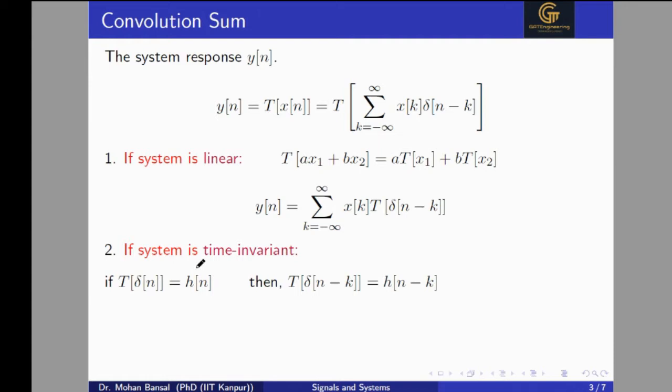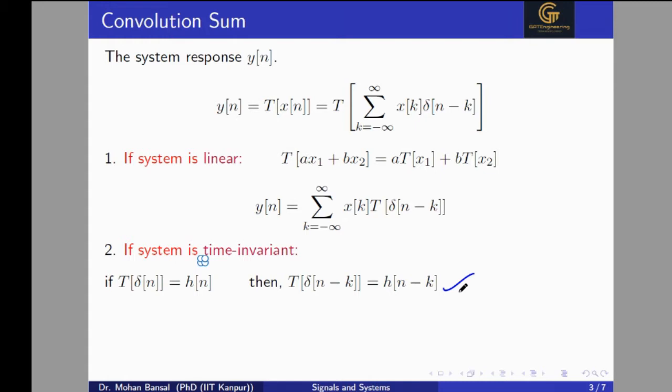Now if we talk about the time invariant property, if T delta[n] is h[n], then when the input signal is the impulse function, we get the impulse response at the output. Similarly, if we use the shifted impulse signal at the input, we get the shifted impulse response at the output. So T delta[n minus k] can be written as h[n minus k], the shifted impulse response for the shifted input signal.